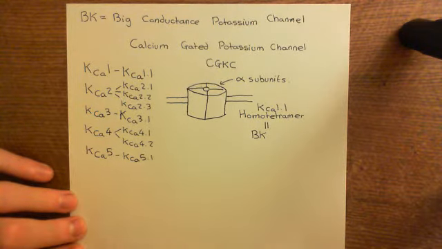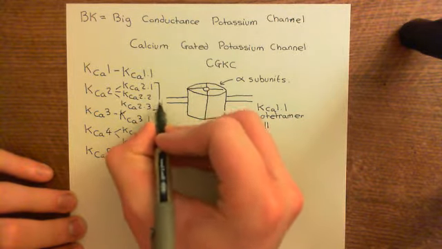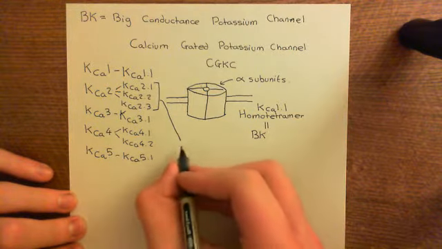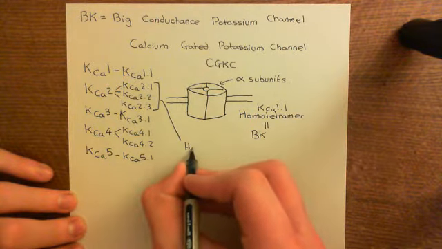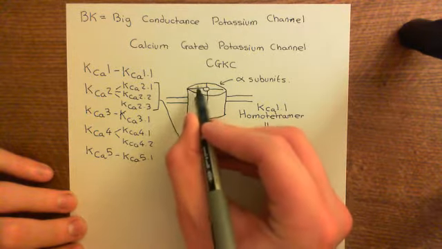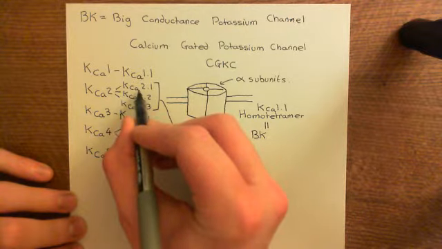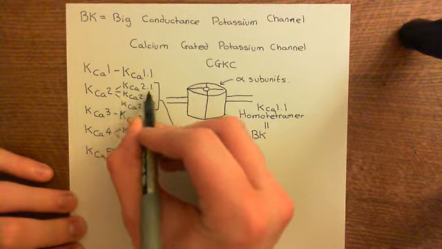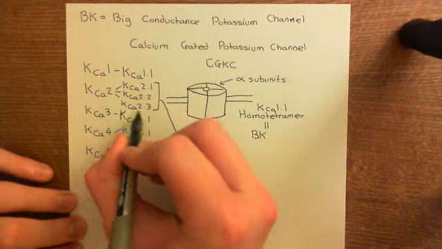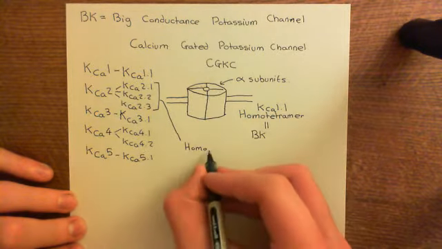Now just for a complete discussion of the calcium-gated potassium channels, let's discuss a few more of these. For the KCA2 family, this is another very famous family of calcium-gated potassium channels. You can either make homotetramers, which is where you take 4 alpha subunits which are all identical and are all coded for by just one of these genes. So you either make 4 KCA 2.1s, 4 KCA 2.2s or 4 KCA 2.3s, and you stick all 4 of them together to make homotetramers.